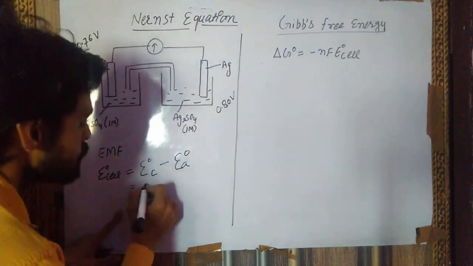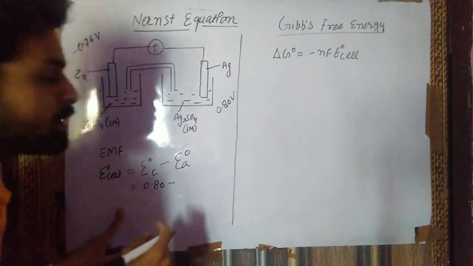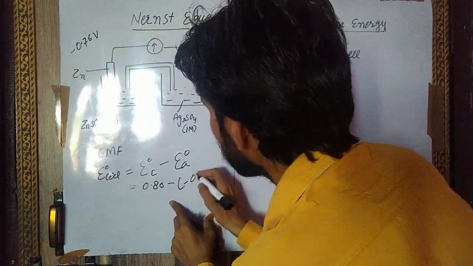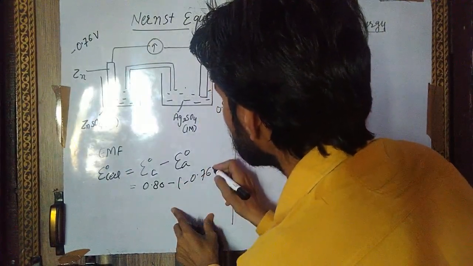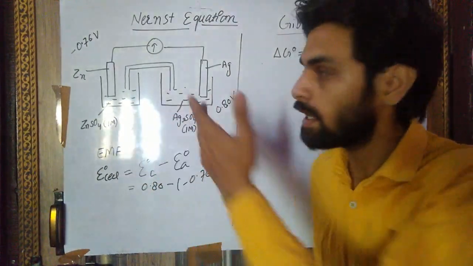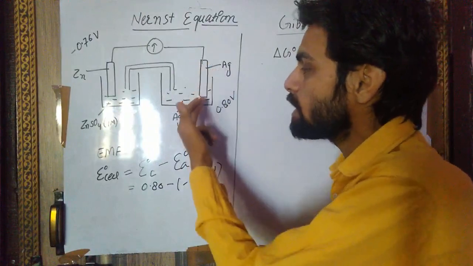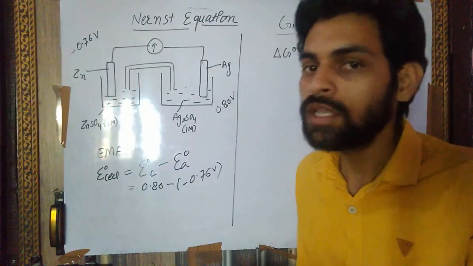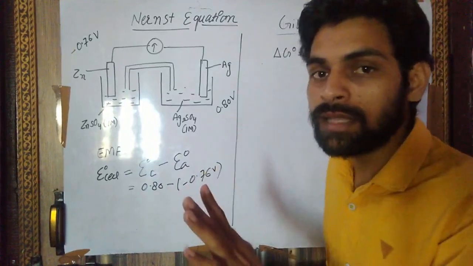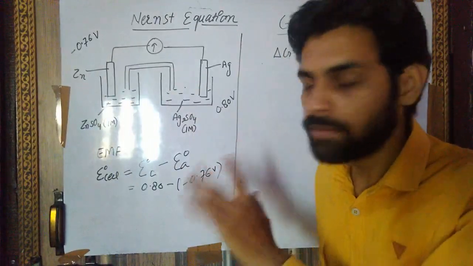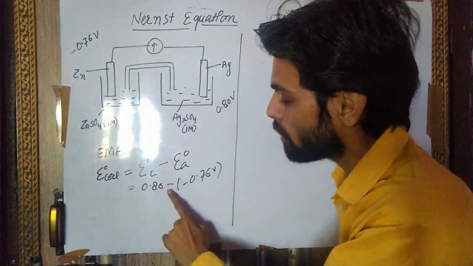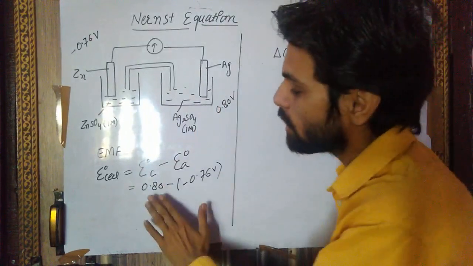So what is the value? 0.80 minus the value of E naught of the anode, minus 0.76 volt. And one more thing, students, if you are not able to check which metal will act as cathode, for example, as I am saying silver is acting as cathode and zinc is acting as anode, if you are not able to distinguish which metal will act as cathode and anode, just subtract the lower value from the higher value, as I am doing here: 0.80 minus (minus 0.76).